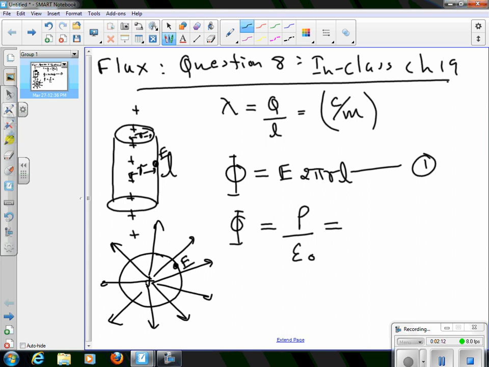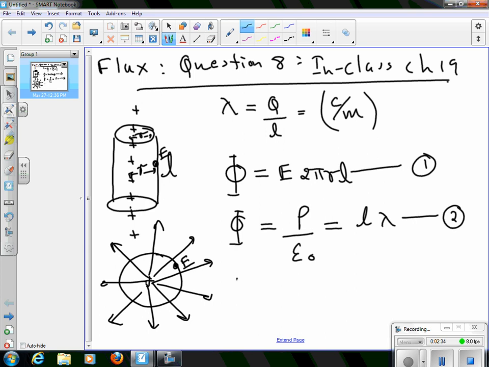Put them together. What is the charge enclosed? L times lambda. The length of the cylinder is L, from here to here, times lambda is the charge enclosed. So if you put equations 1 and 2 together, 1 equals 2.